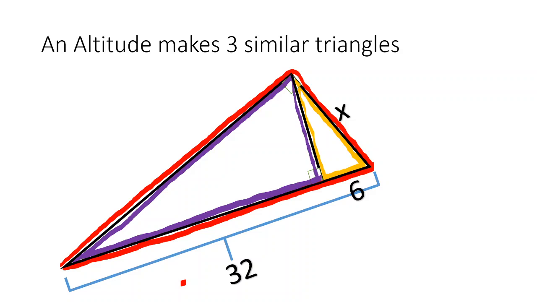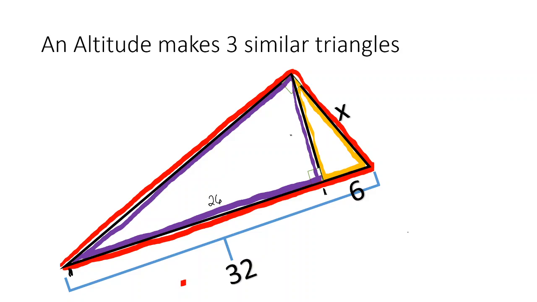So I've got X and 6. If that's 6, wouldn't that section of the purple triangle, the medium side, be 26? If the whole thing is 32, and that little part is 6, because 32 minus 6 is 26. And so this is X.